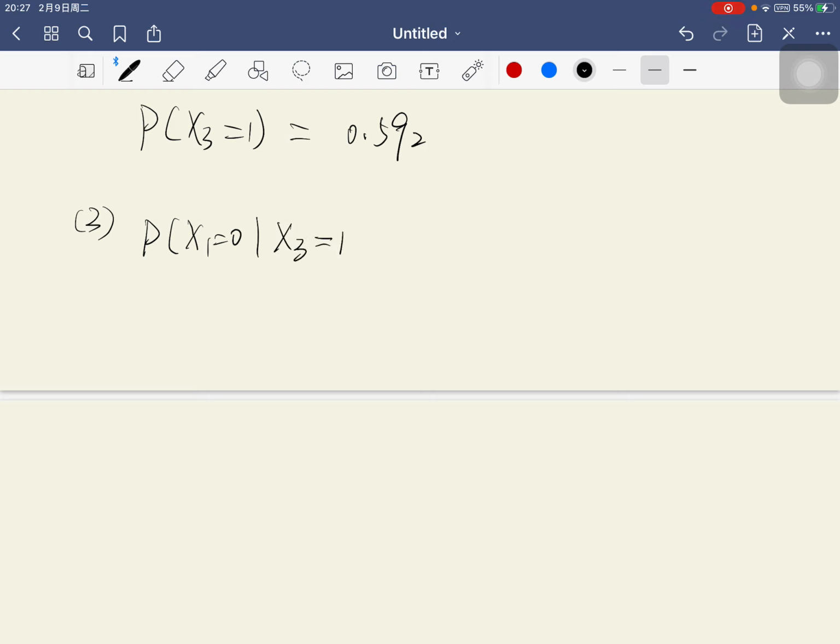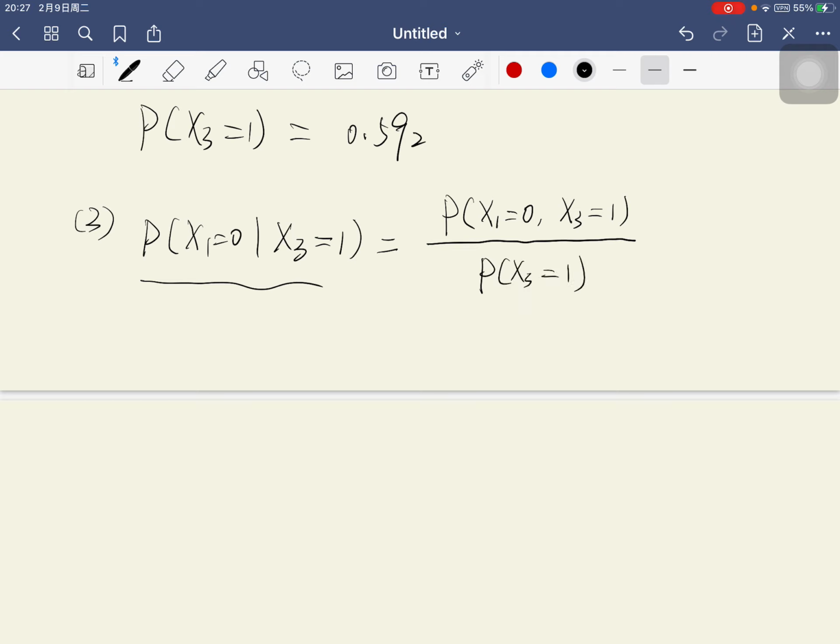For this probability, we can use the formula of conditional probability. It is equal to the probability of x1 equals 0 and x3 equals 1 over the probability of x3 equals 1.